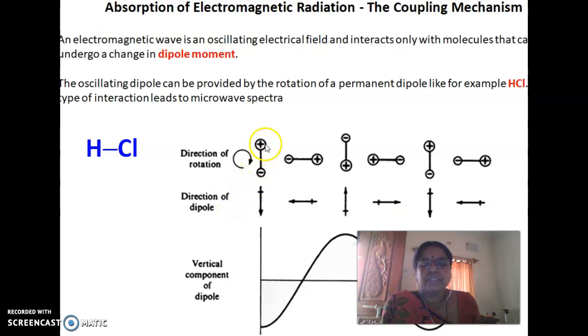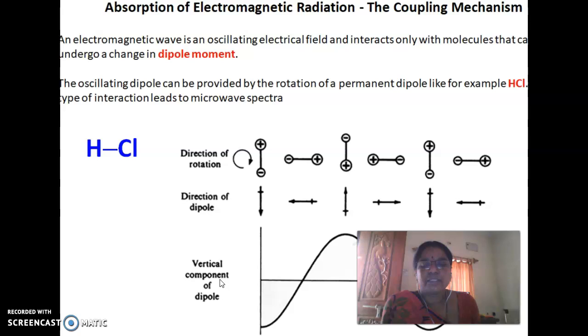Imagine HCl, and we turn it 60 degrees, again 90 degrees, again 90. If you rotate it like this, we observe a change in direction, and with this change in direction, we observe the change in the direction of the dipole.